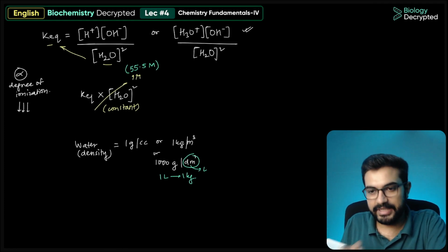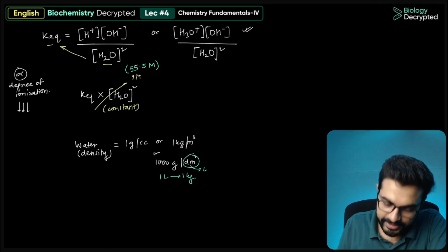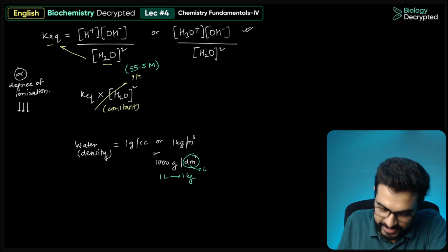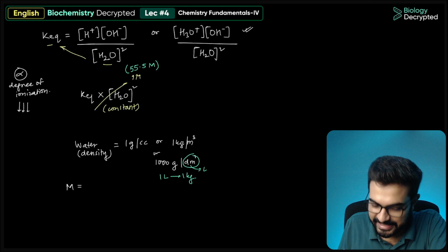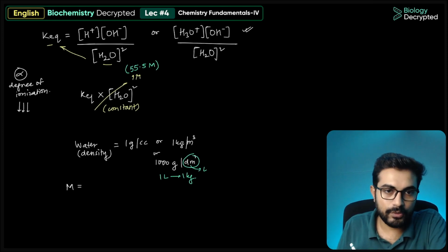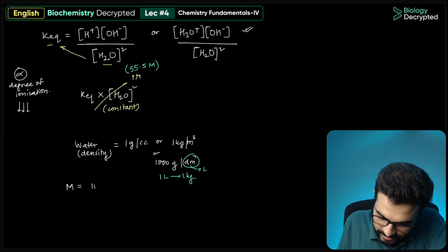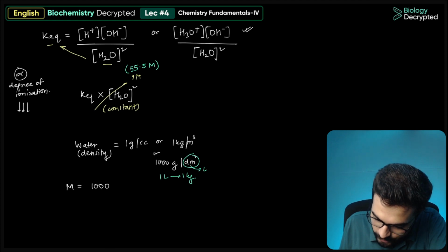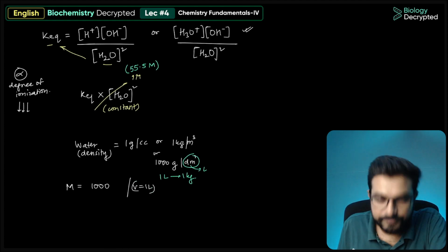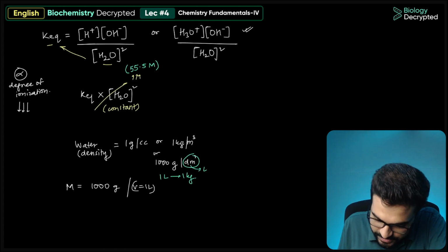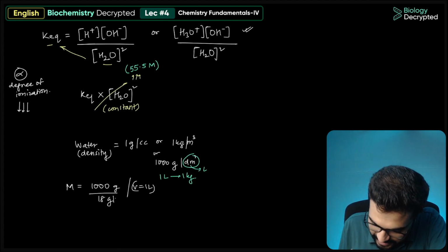Now if we try to calculate the molarity, the volume is 1 liter. In a volume of 1 liter there will be 1000 grams divided by 18 grams per mole.